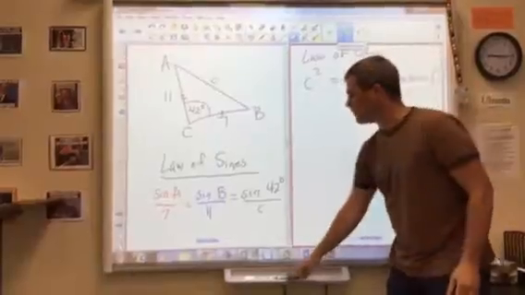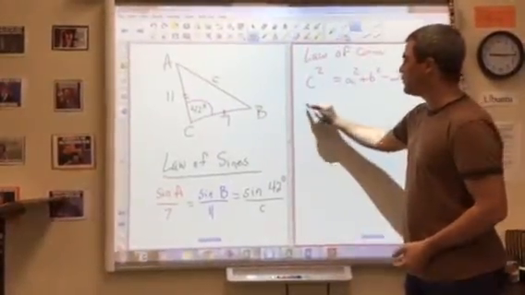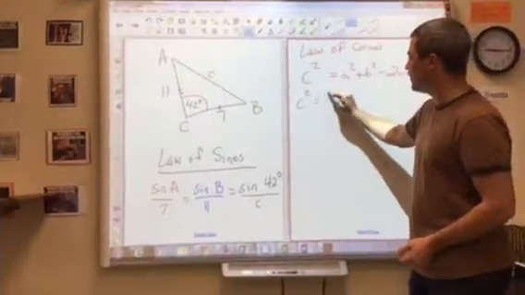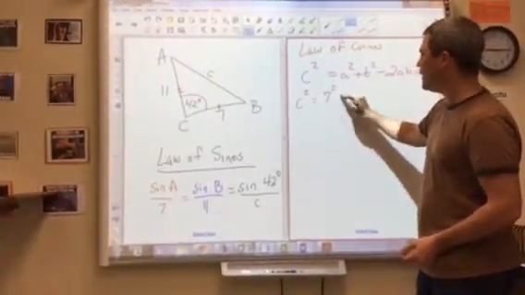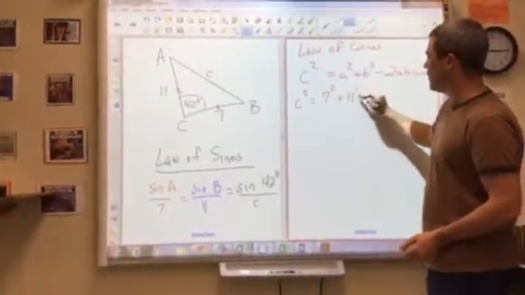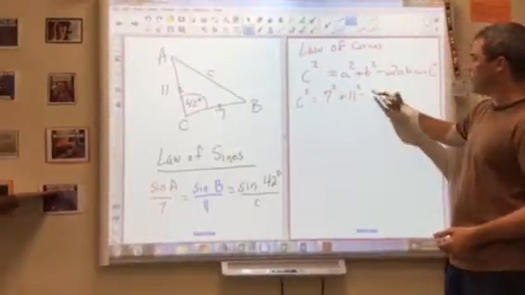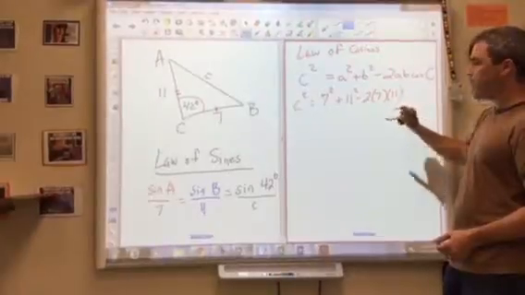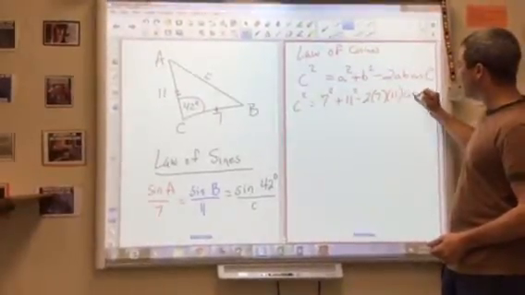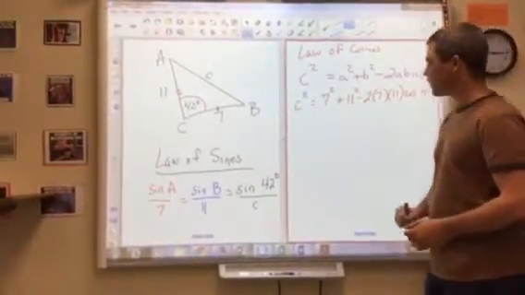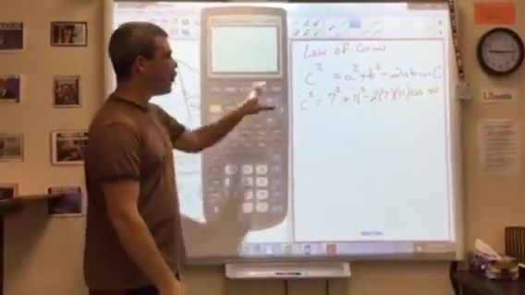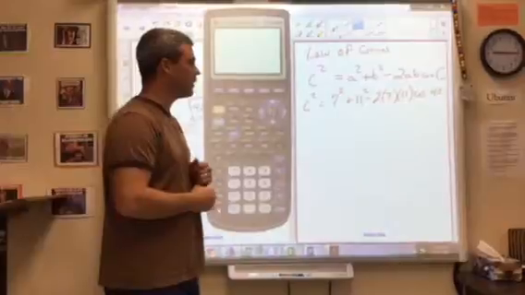So with this example, I don't know what C is equal to, but I know A is 7, I know B is 11, and then I'm going to subtract from that 2 times A times B times the cosine of the angle of 42 degrees. I can actually solve all of this in one step in the calculator.